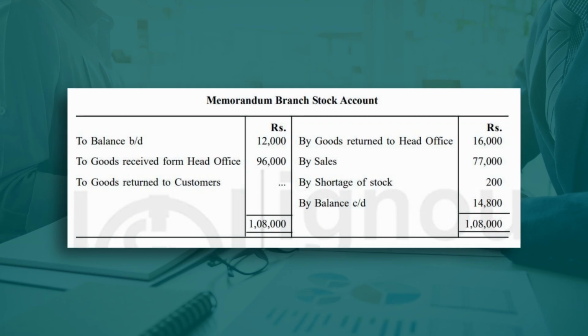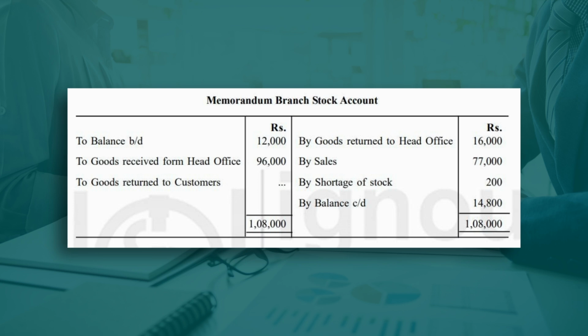Yes, memorandum branch stock account. Here the closing stock of branch stock we have calculated through this memorandum branch stock account. So, opening balance is given 12,000 in the question, kindly check it.